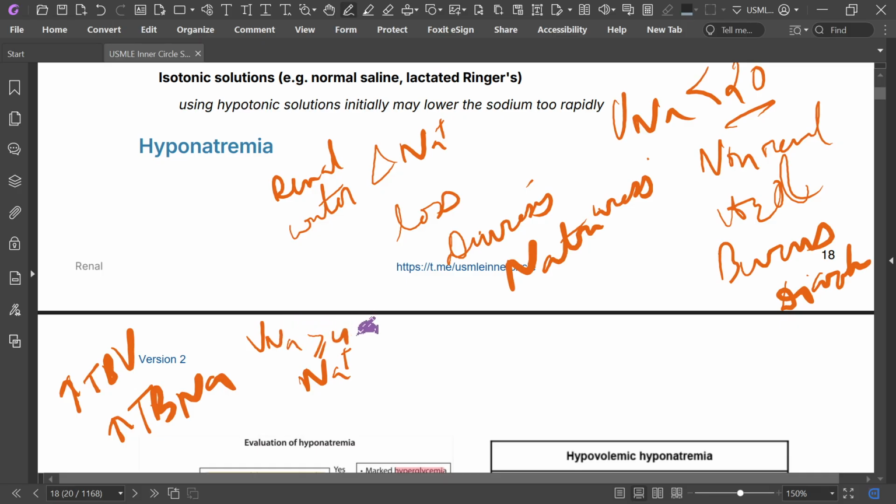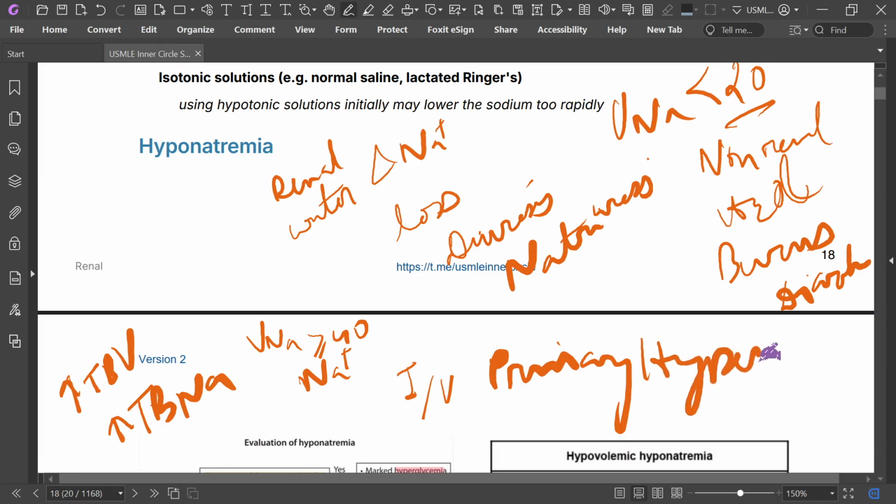If it is more than 40, it is sodium gain. It may be iatrogenic, like IV fluid, and primary hyperaldosteronism. So this is how we can evaluate hypernatremia.